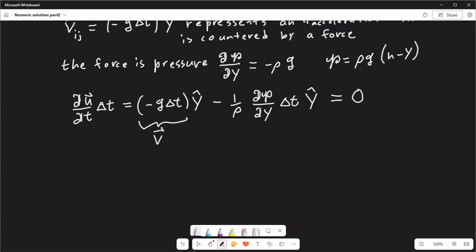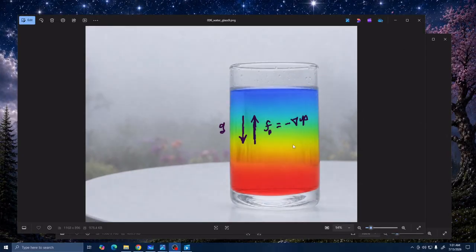This is not just for the water glass. In general, when the estimated acceleration, which in the computation comes out as v, or part of v, violates incompressibility, or tries to go illegally out the bottom of the glass through a barrier or something, the term that brings that back and cancels that attempt at acceleration is the pressure.